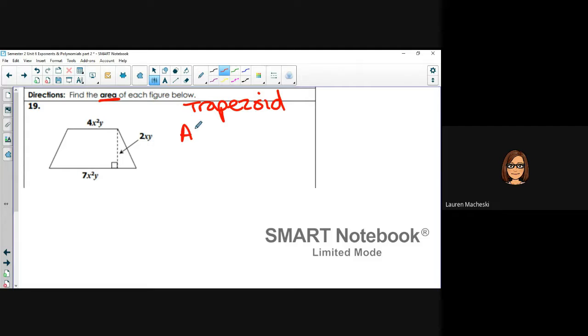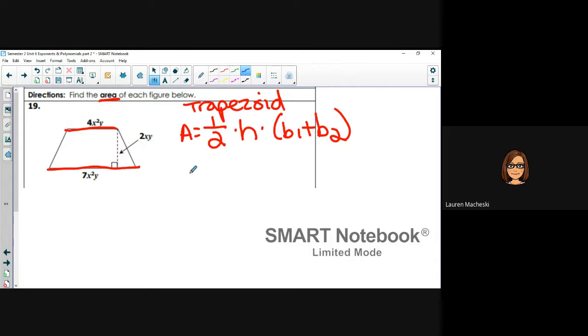This one just wants me to find the area. So the area formula for a trapezoid is 1/2 times the height times base 1 plus base 2, because it has 2 bases on a trapezoid. It has a top base and a bottom base. So you add those bases and multiply it by 1/2 times the height.